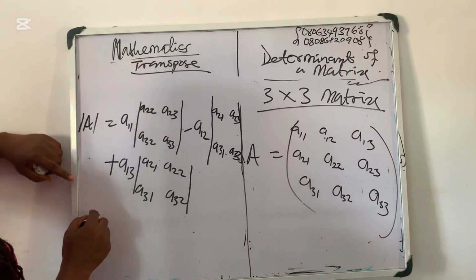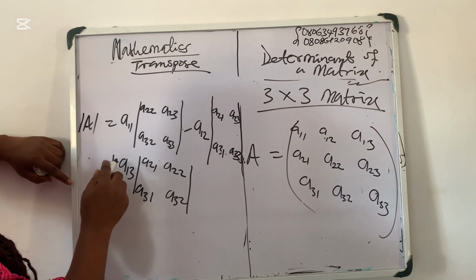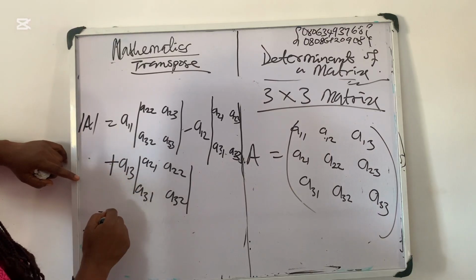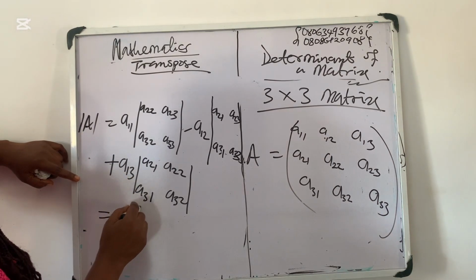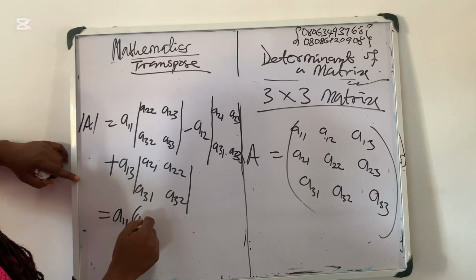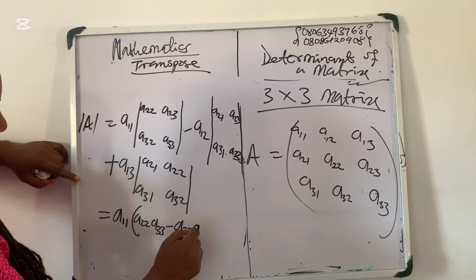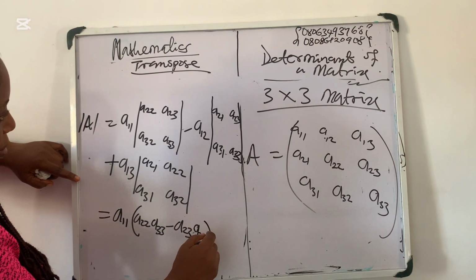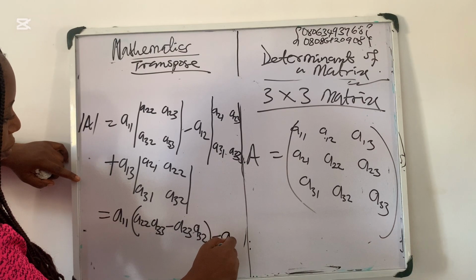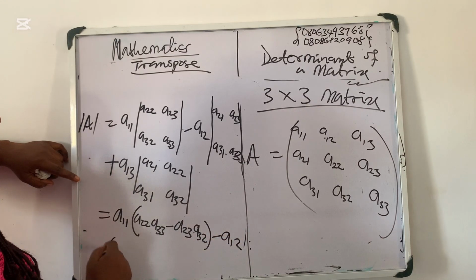Now, to get our determinant, you pick the first one, A11, times A22 times A33 minus A23 times A32, minus A12, bracket open.